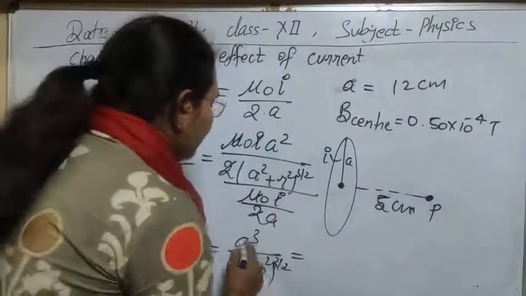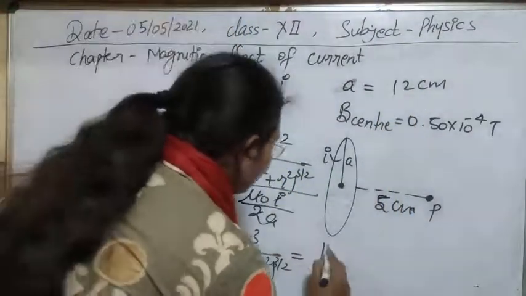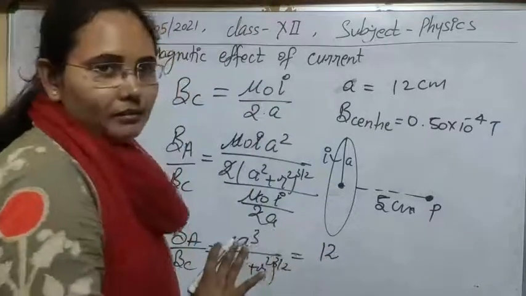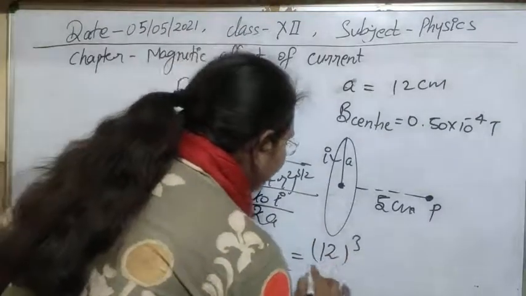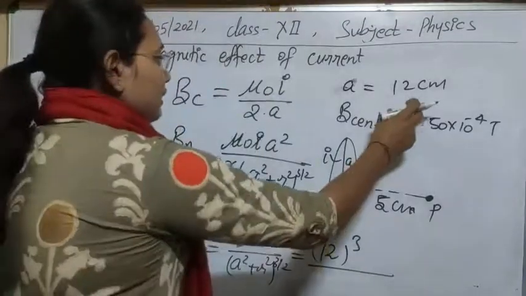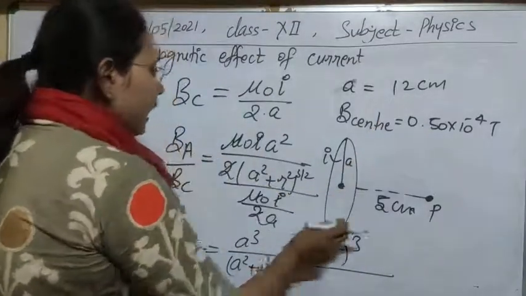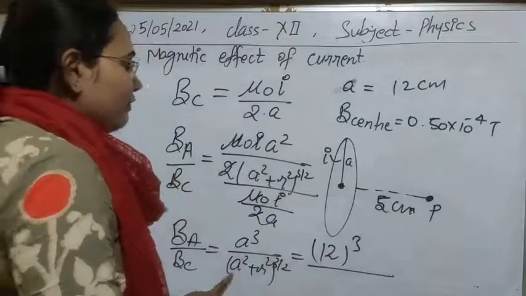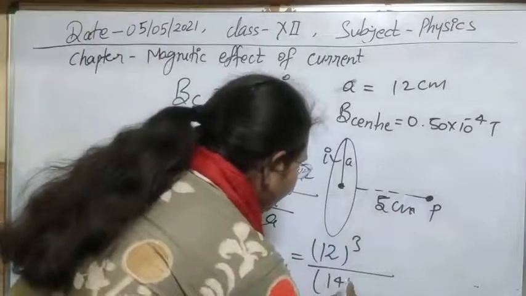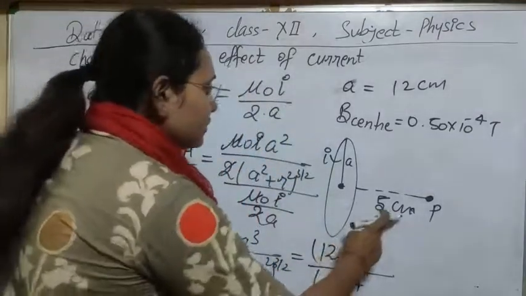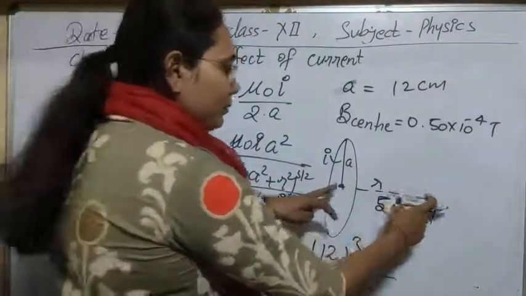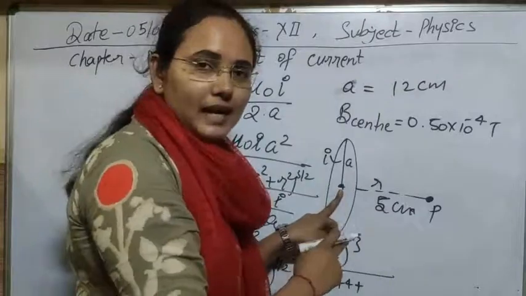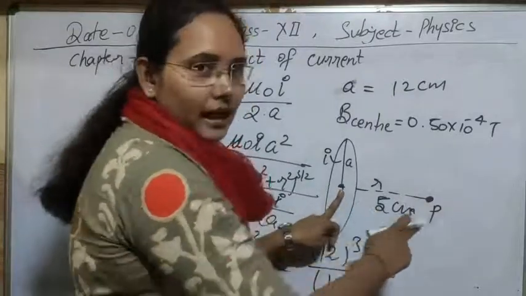The value for A is 12, in centimeter. So we have 12 cube upon 12 square plus R square. 12 square is 144, and R is the distance of the point P from the point O, its center, known as the axial distance.